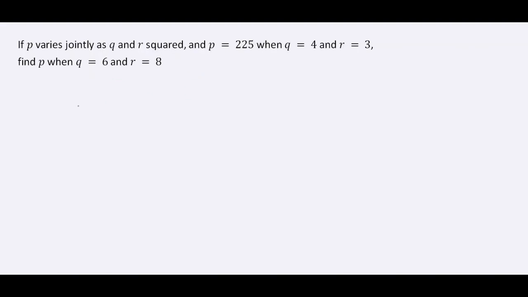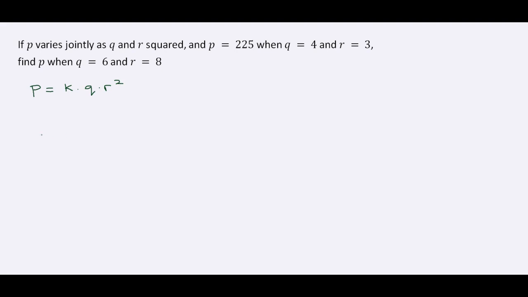Now we have this question. If p varies jointly as q and r squared, and p is equal to 225 when q is 4 and r is 3. So let's go ahead and express that. So p is equal to, we start with our k, and q, and then r squared.